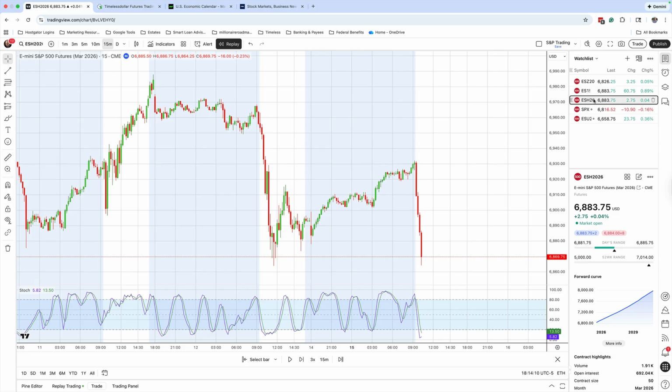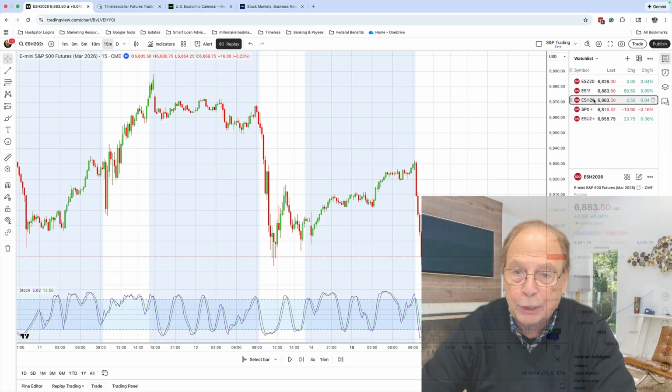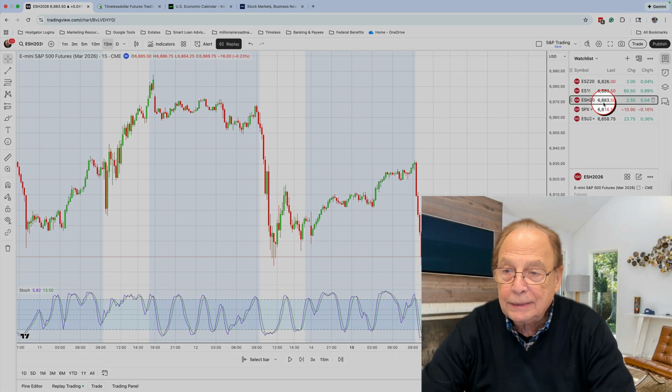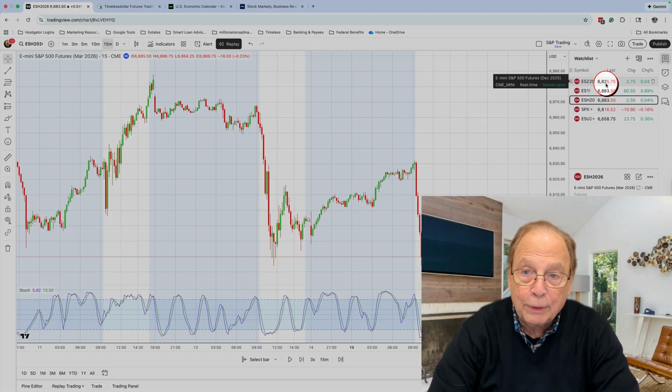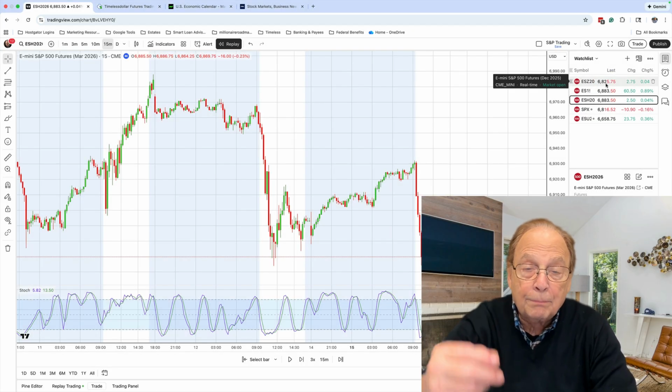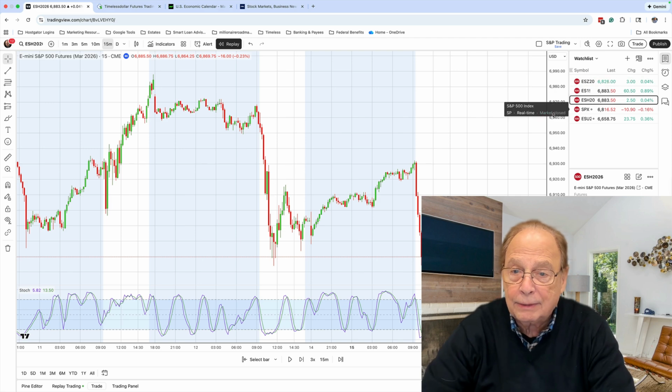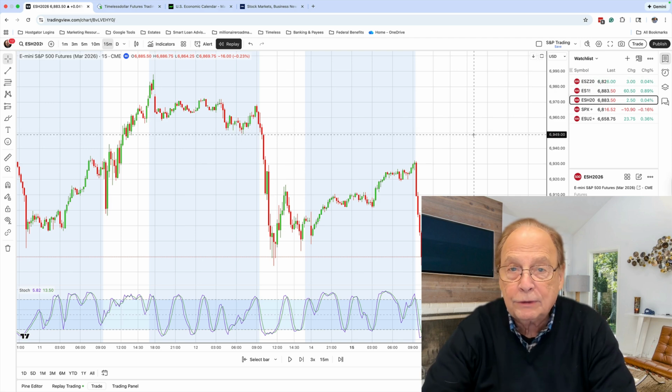You wouldn't know looking at the chart, ESH versus ESZ. But note, the ESH currently is 68.83, the ESZ 68.25. So there's about a 60-point difference, although the prices show the same price action on each. Nevertheless, we're going to switch over to the ESH 2026.